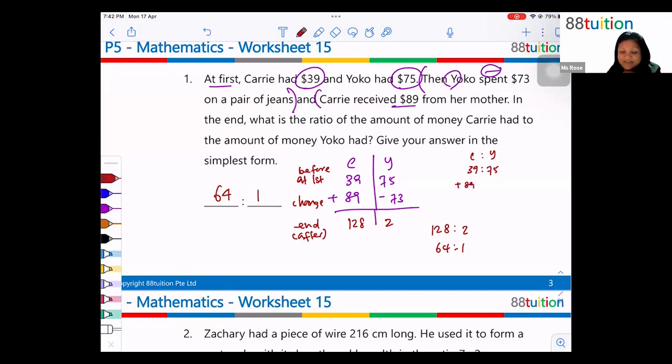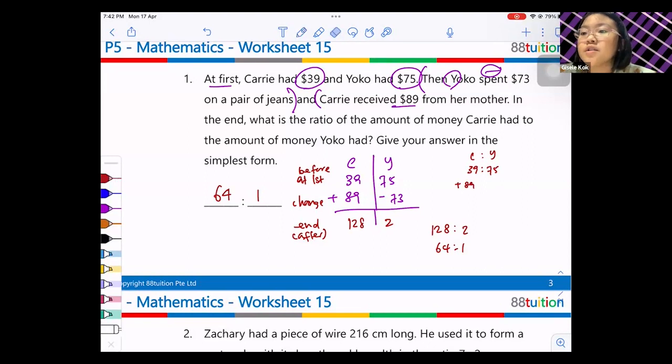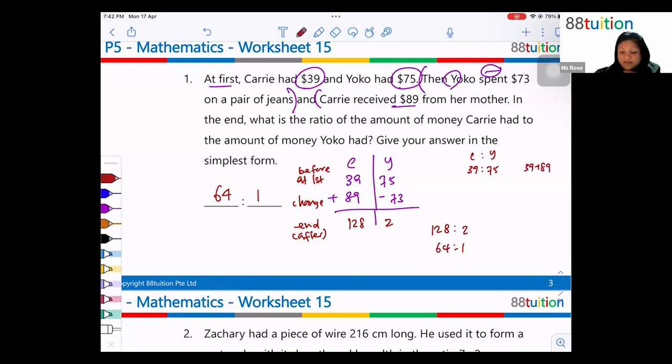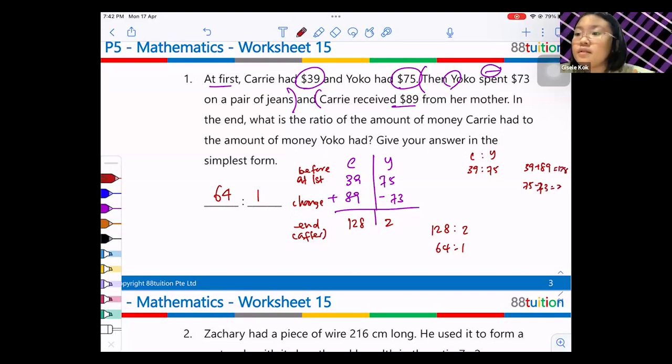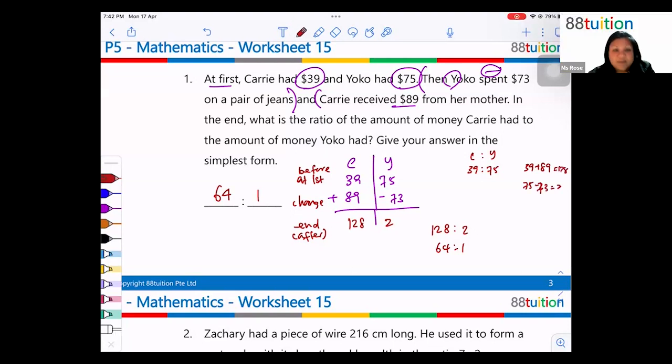Then after that, I just erase the 89, and then I write the plus 89 at the side, and then at the bottom, write 75 minus 73. Oh, like that. Then you write down the ratio. It works too. Yes, you can do that. Liana always very hardworking.